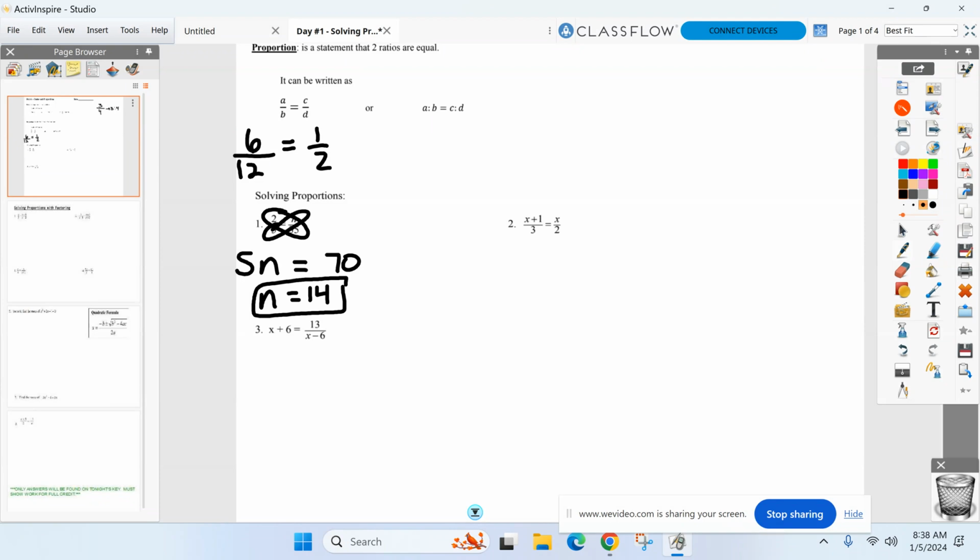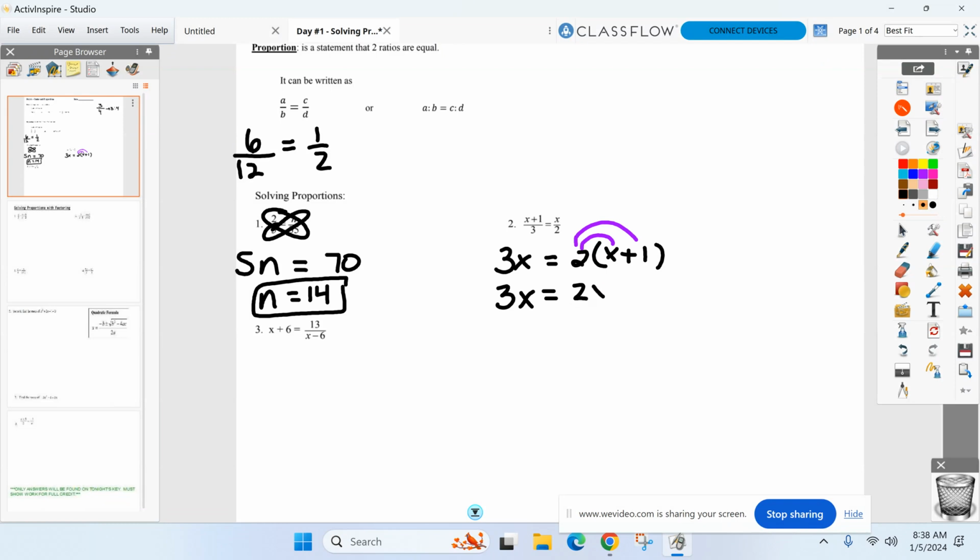I cross multiply, get 3x on one side. Okay, be careful now. When you take the 2 and the x plus 1, you have to multiply them, which means distributing the 2 all the way through. I don't want to just see 2x plus 1. I got to distribute the 2 all the way through. So make sure we are aware of that.